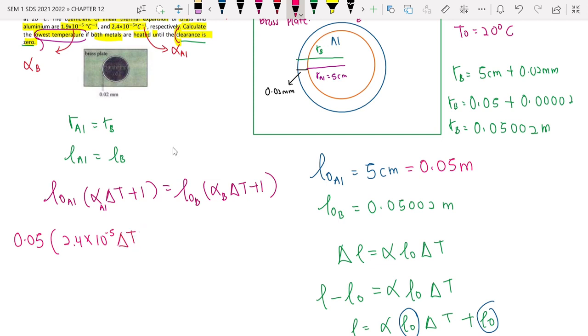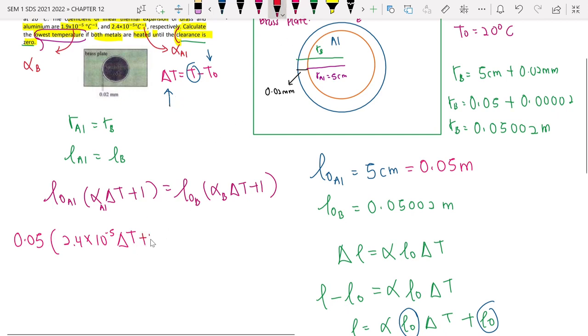We are going to look for the change in temperature first. Why? Because the change in temperature is the final temperature minus the initial temperature. As we are looking for the final temperature and we know the initial temperature, we look for the difference in temperature first.